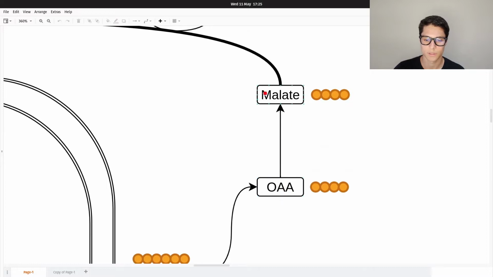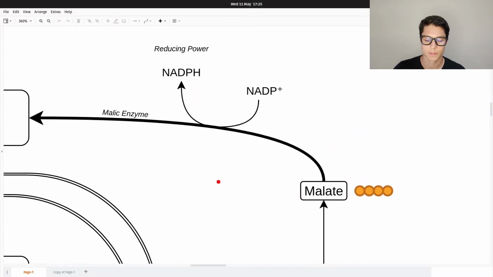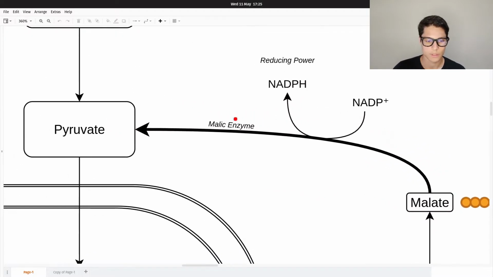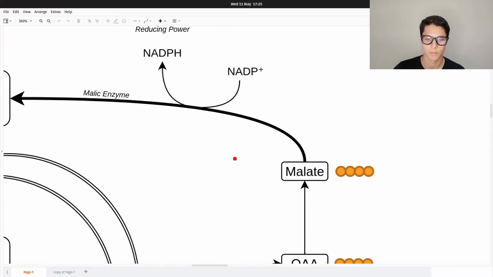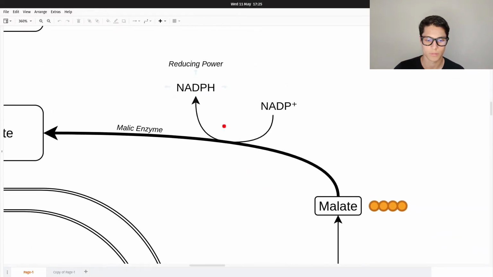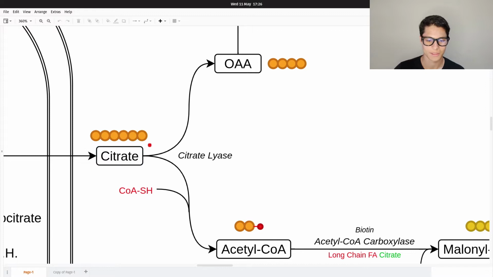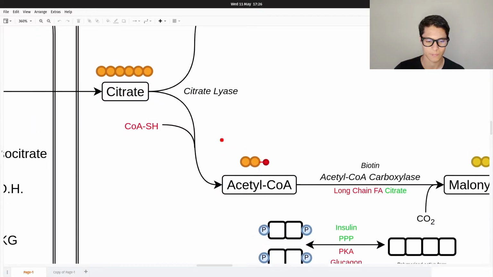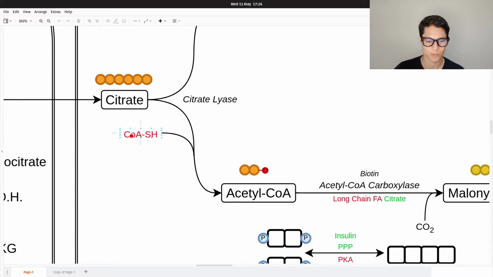Oxaloacetate can be converted into malate, and malate can be converted into pyruvate through the malic enzyme using NADP positive and creating NADPH. This is reducing power that can be used against free radicals, for example. Anyway, citrate lyase also creates acetyl-CoA, using a CoA, of course, in the process.